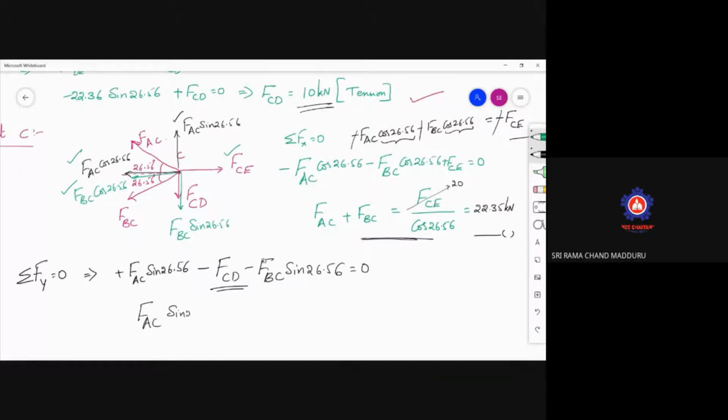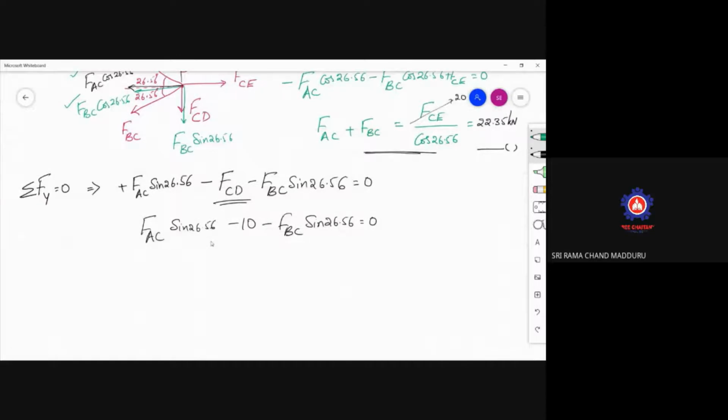FAC sine 26.56 minus 10 minus FBC sine 26.56 equal to 0. You can send the minus 10 towards the right side as 10, and this is FAC minus FBC. Sine 26.56 you can take common, so it is 10 by sine 26.56.